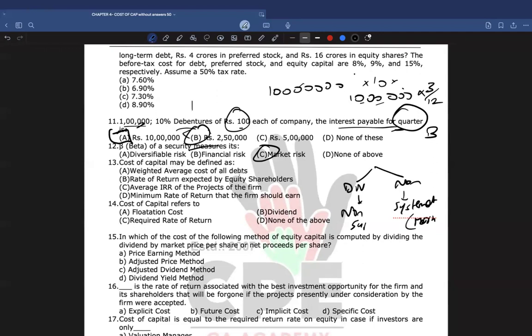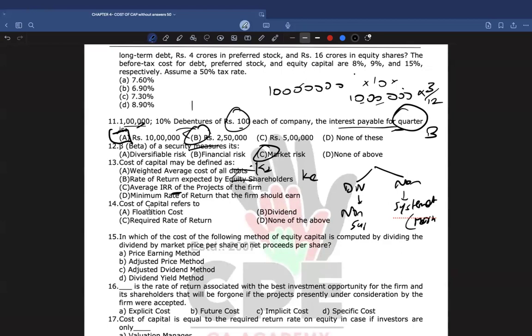Cost of capital may be defined as weighted average cost of all debts. Not only debts, cost of capital is the weighted average of all types of capital. Rate of return expected by equity shareholders, so this seems right. This should be KE. So this is wrong. So rate of return expected by shareholders should be KE. This is obviously KD related.